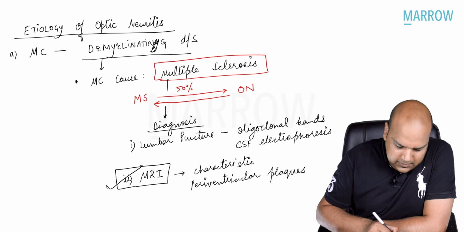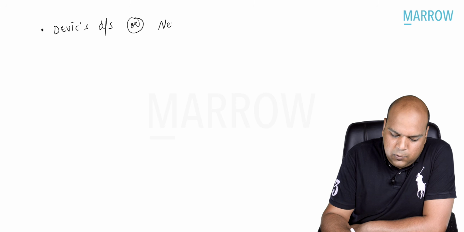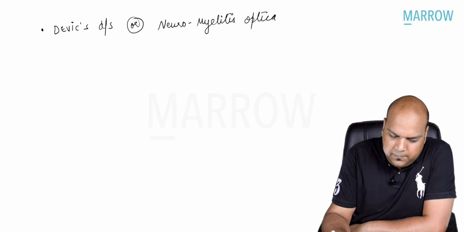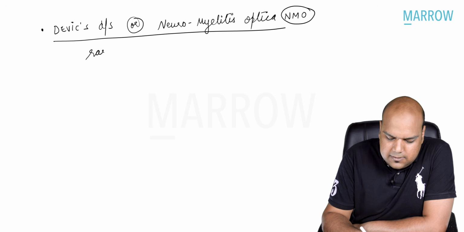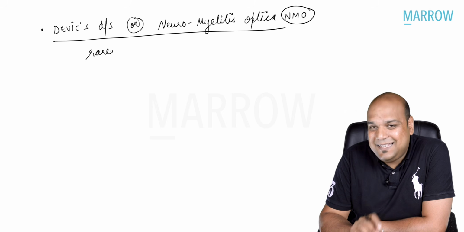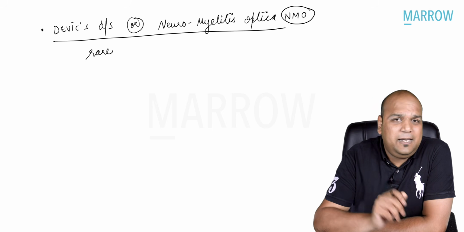But apart from this most common cause, there is another demyelinating disease, which is called Devic's disease, also known as neuromyelitis optica. NMO, neuromyelitis optica. Even though it is a rare cause, it is important to consider when we are talking about optic neuritis and demyelinating diseases.